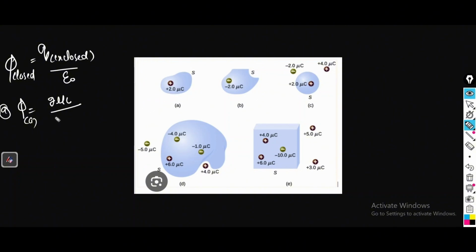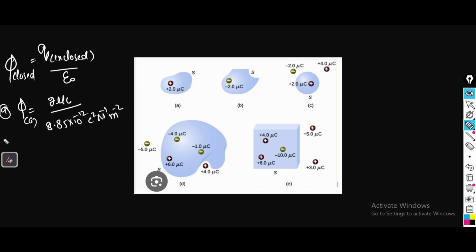The value of the permittivity of free space is 8.85 multiplied by 10 raised to the power minus 12 coulomb squared per newton per meter squared. In this way we find the Gauss law for the flux through this closed surface.